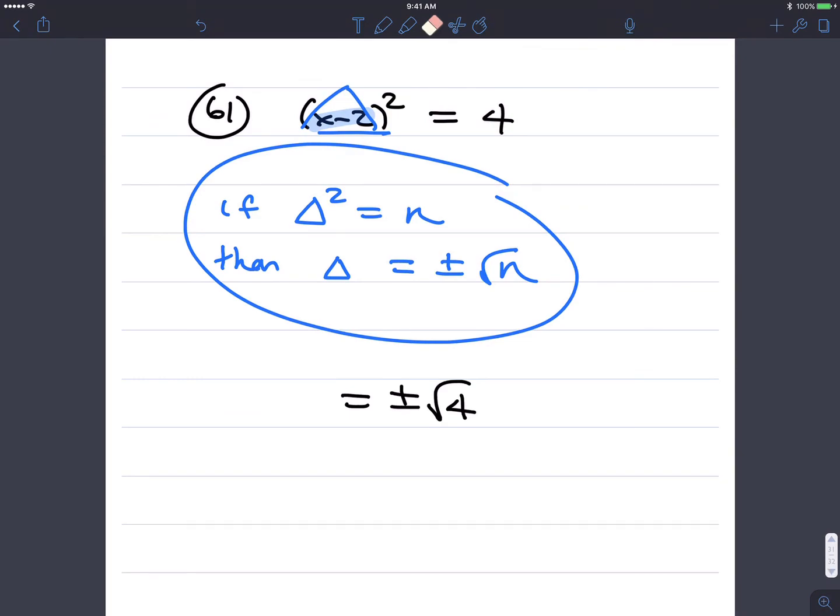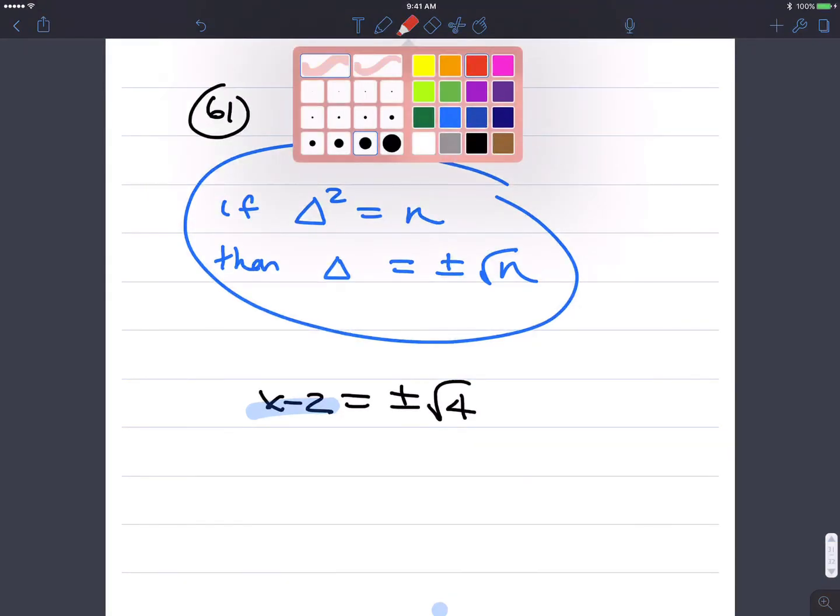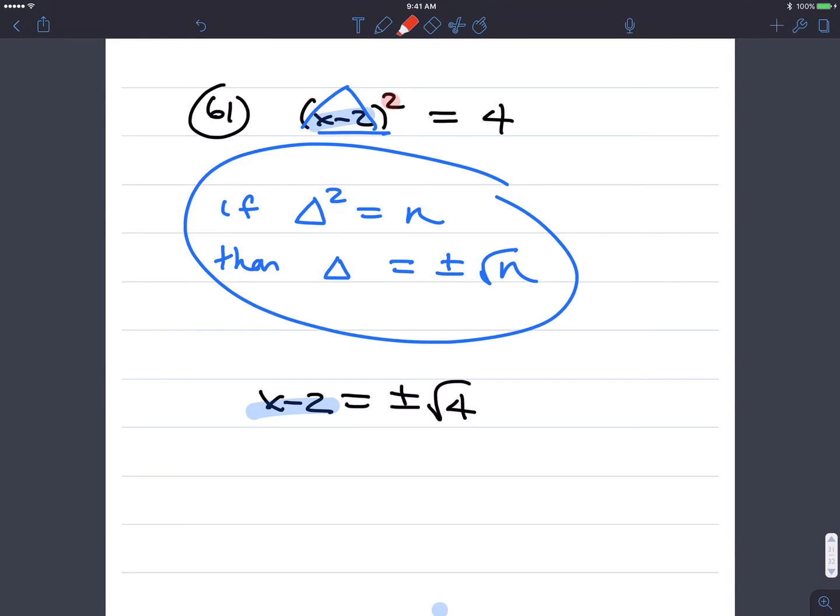Notice what's in the triangle: again the x minus 2 term. In other words, to get rid of the parentheses and the power of 2, I can make it go away by the square root formula, but the price you pay is to do two things. You take plus or minus, and you take the square root of that number.